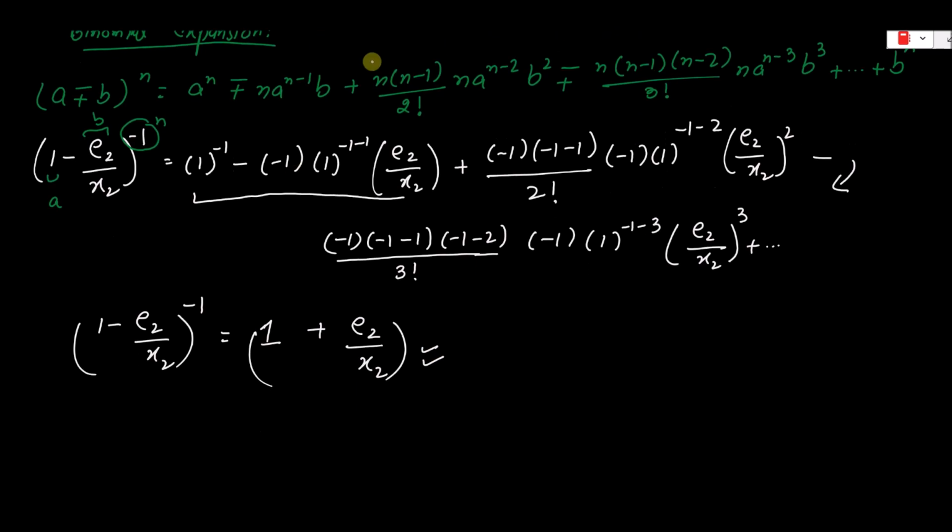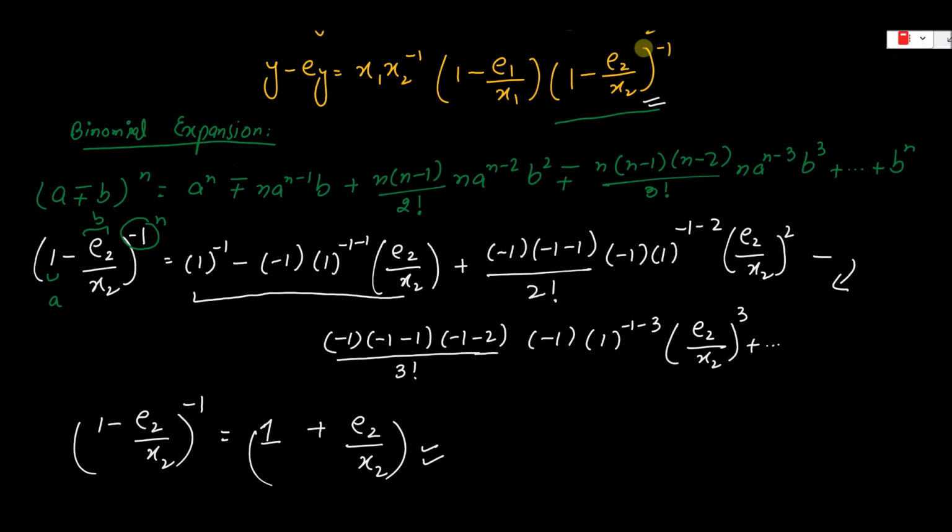So we may write it like this, that y minus ey is equal to x1 and x2 times 1 minus e1 over x1, and here we have a negative power, so we directly substitute this value here.